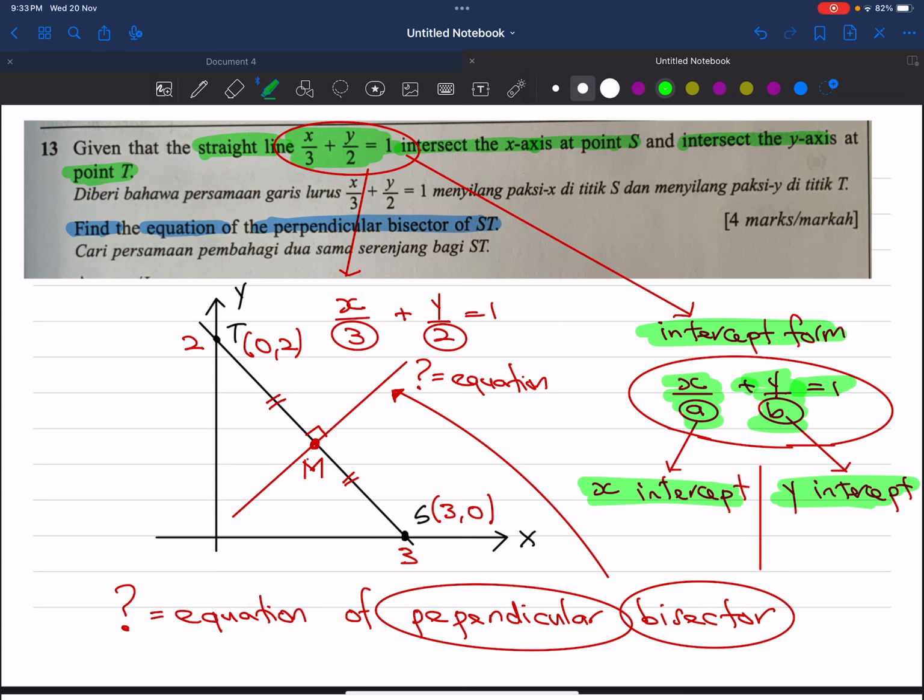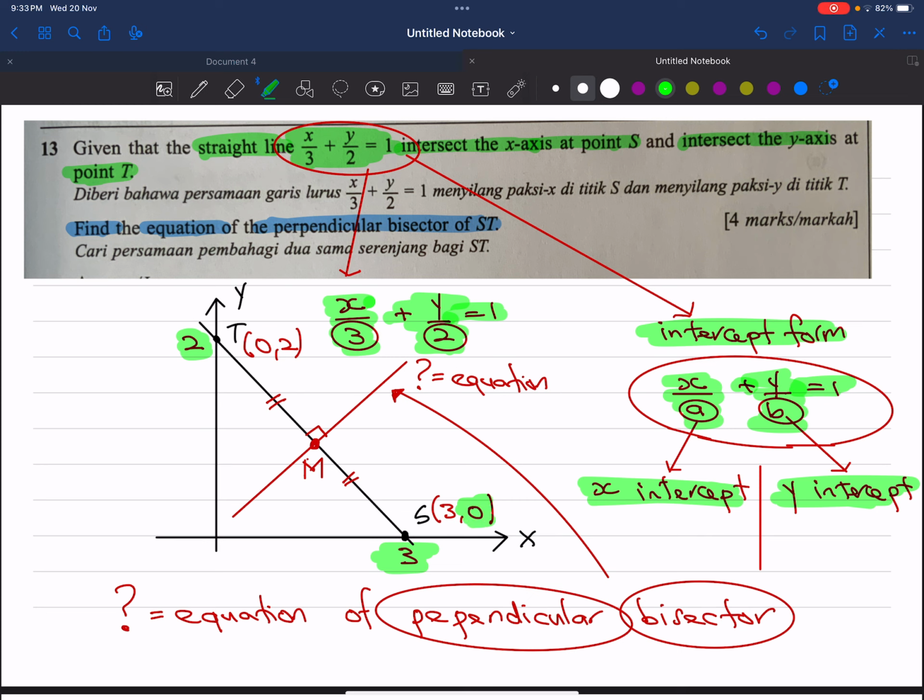So given our equation x over 3 plus y over 2 equals 1, the 3 must be the x-intercept, and the 2 is the y-intercept. And another thing, the point S is on the x-axis, therefore the y-coordinate is 0.